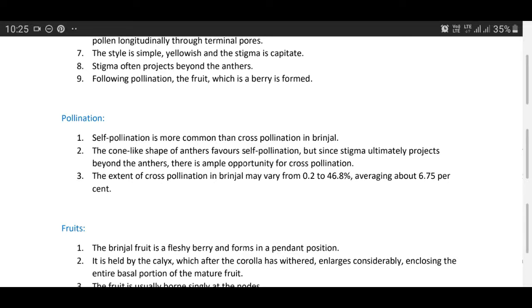The cone-like shape of anthers favors self-pollination, but since the stigma often projects beyond the anthers, there is ample opportunity for cross-pollination. The extent of cross-pollination in brinjal may vary from 0.2 to 46.8%, averaging about 6.7%.